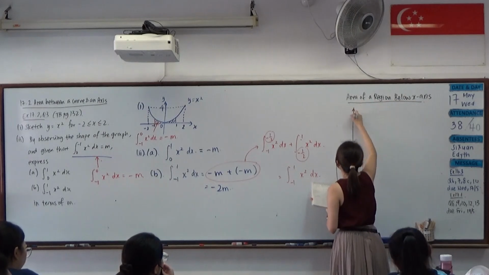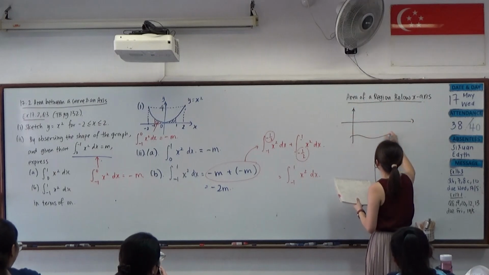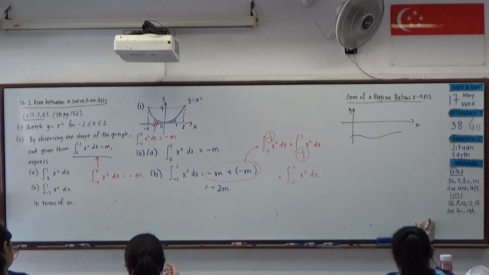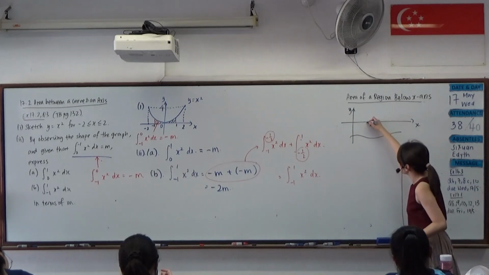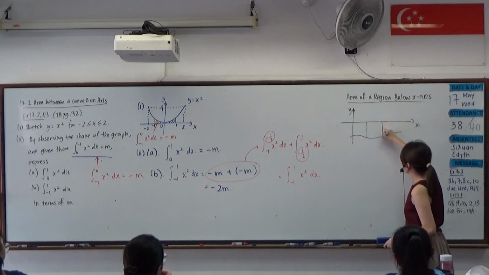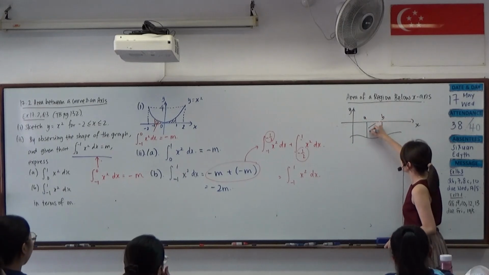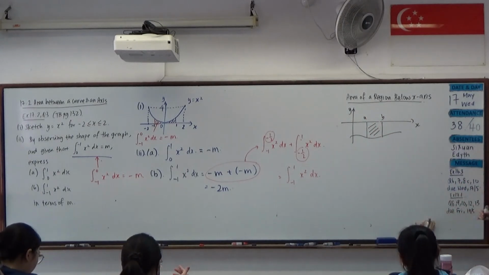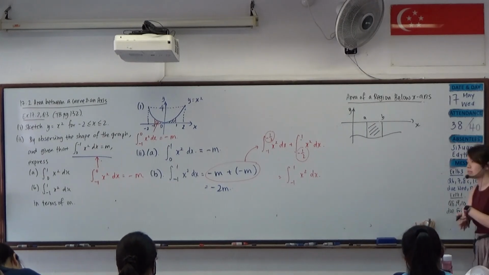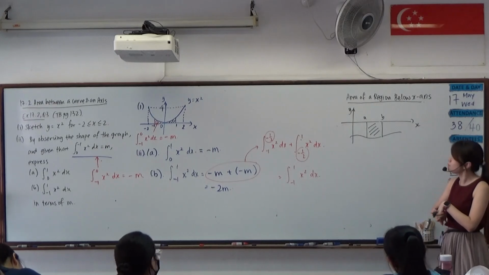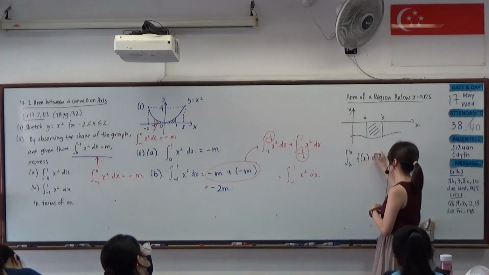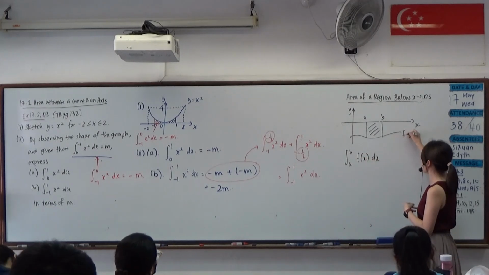In other words, when your curve lies below the x-axis, how then do we find out the area of, let's say, this one? Okay. So because it is below the x-axis, it will be negative value if you were to integrate from a to b for the function that we're given.